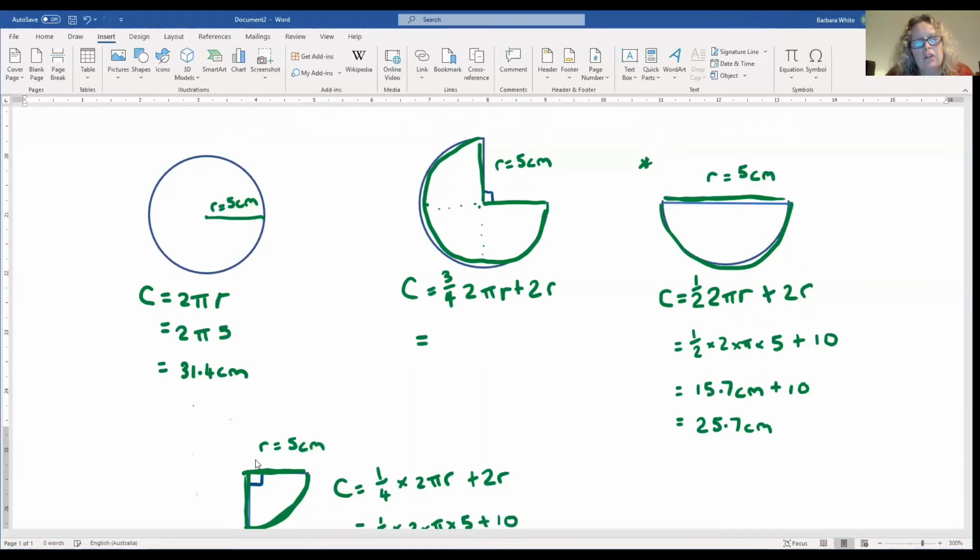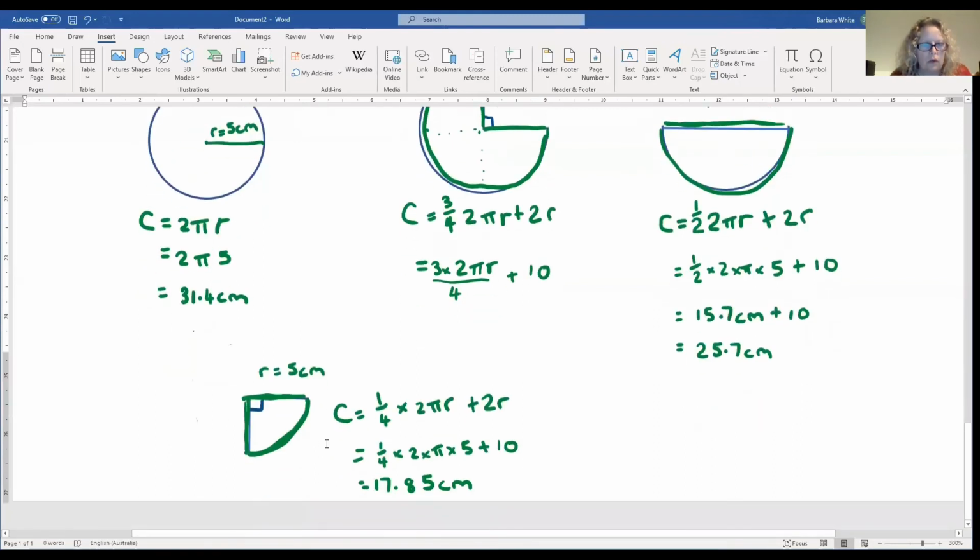Okay, so I'm going to go 2 pi r, I'm going to multiply it by 3, and I'm going to divide that answer by 4, and that's how we multiply by 3/4. So all of that, and then we're going to add 2 radiuses, 2 5s, which is 10. Now I don't know if I can do that bit in my head. Sure I can. I'm going to use a calculator.